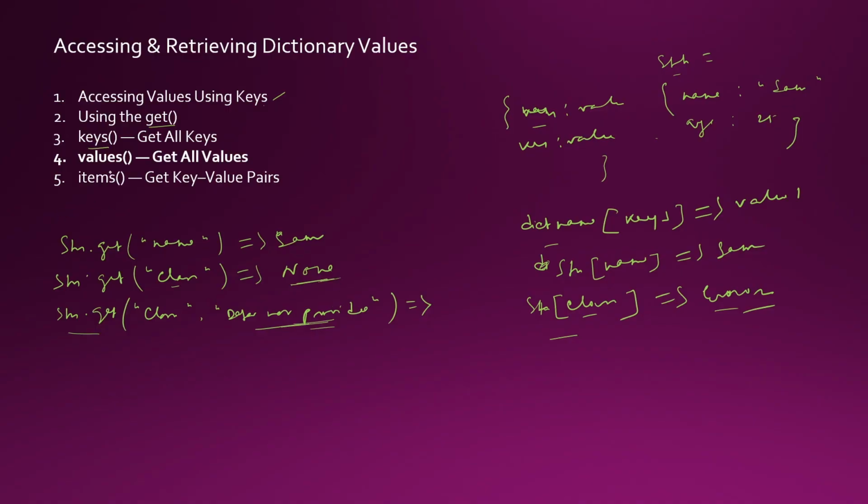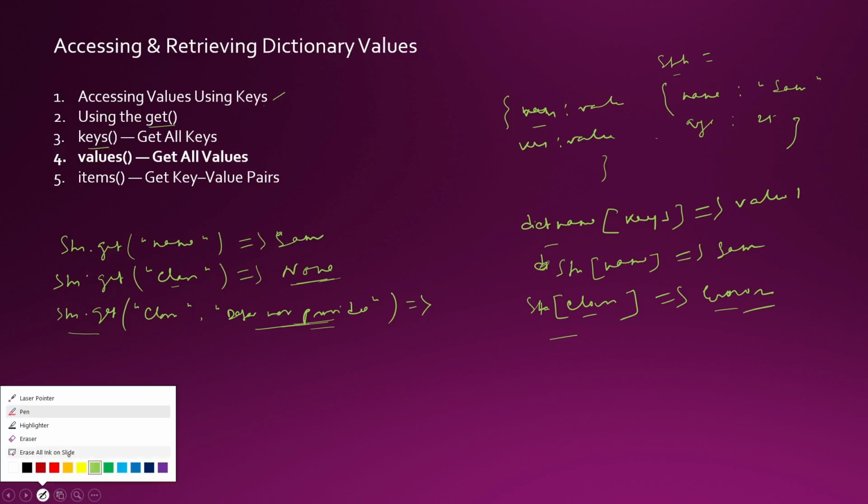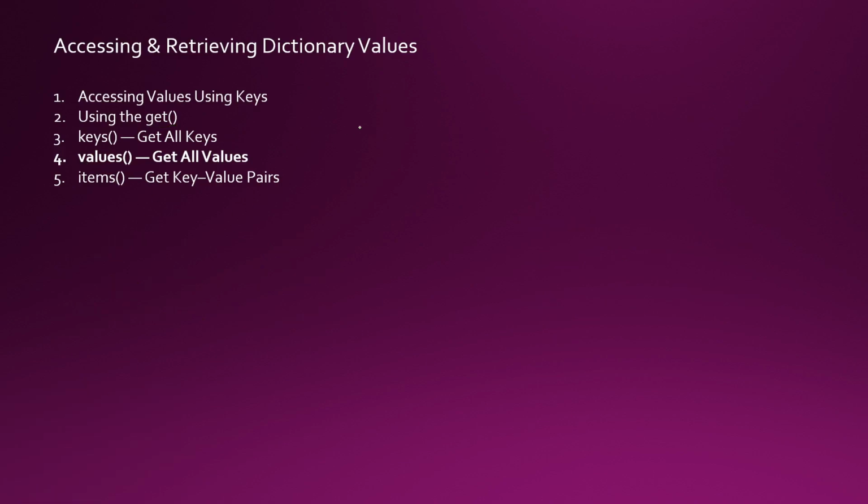Now next is keys. Let me first remove all these things. Suppose this is one of my dictionaries: name Sam, age 25. This is my student dictionary. Now the keys method basically gives all the key names in a list-like format.